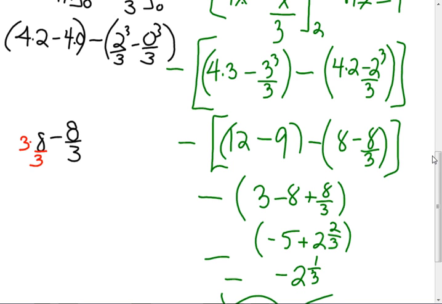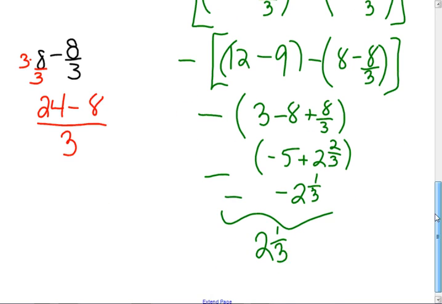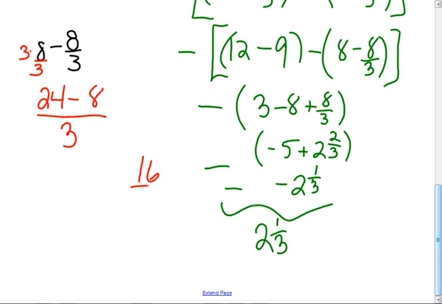I'm going to write it out. So it's 24 minus 8/3. That's 16, right? So that's 16/3 minus this negative number. So it's 16/3 plus 2 and 1/3.